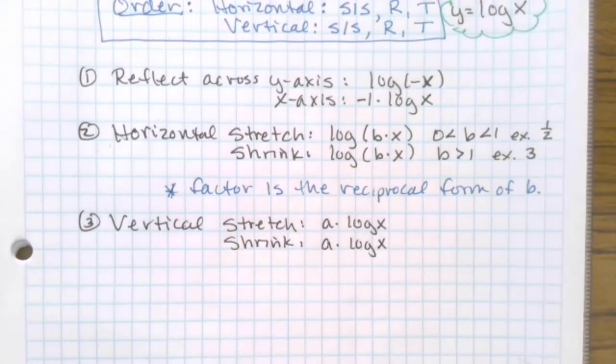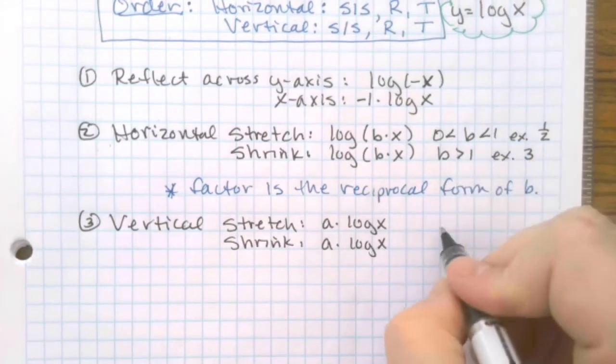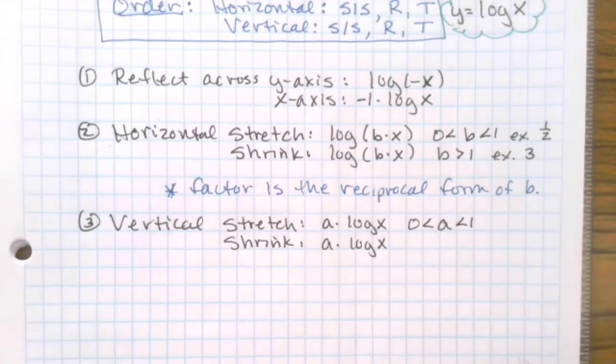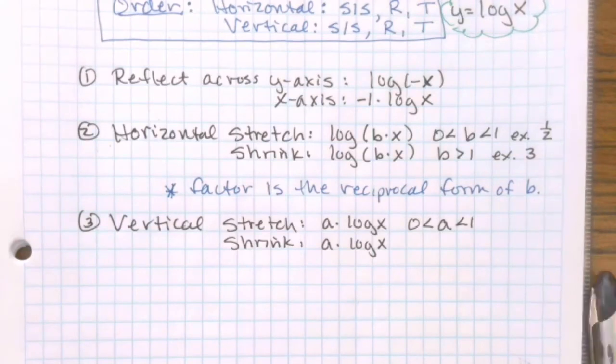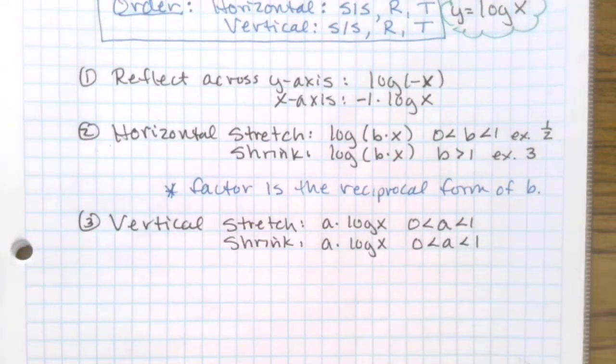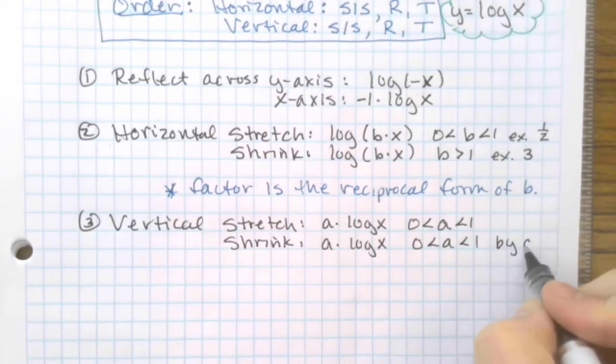To figure out which is which, the nice thing about vertical, what you see is what you get. If a is a fraction, so less than 1 greater than 0, then it's a shrink by a factor of a.